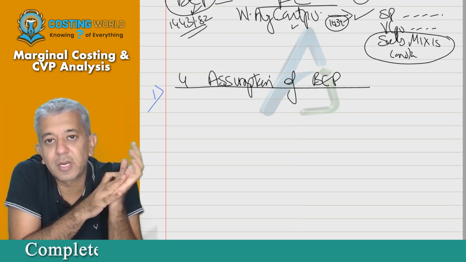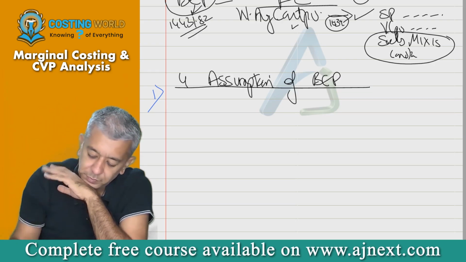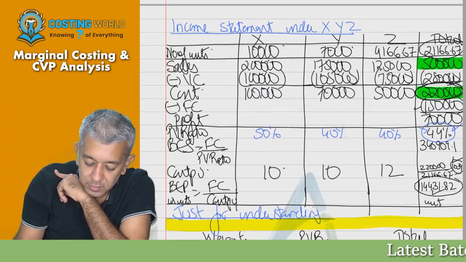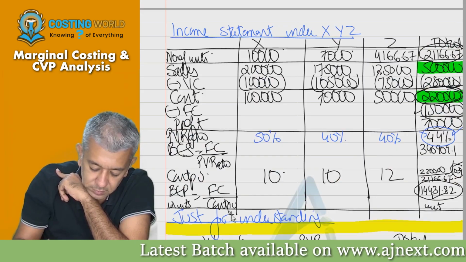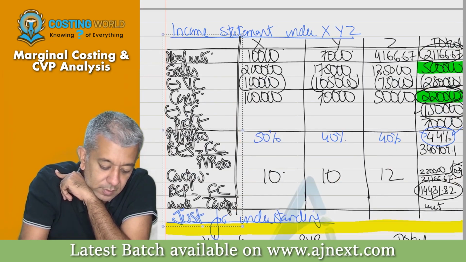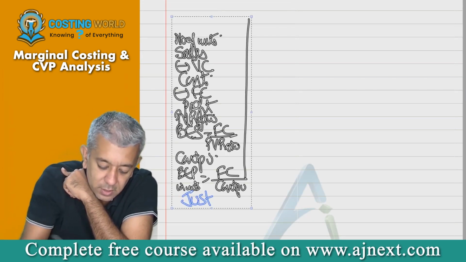Fixed cost of the company remains constant. Second. Selling price of each and every product remains constant.